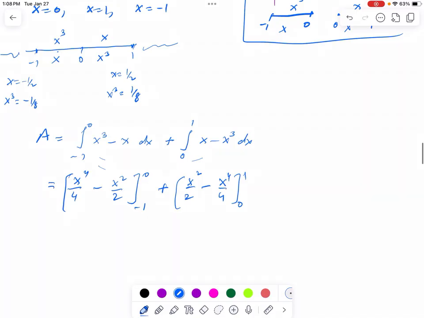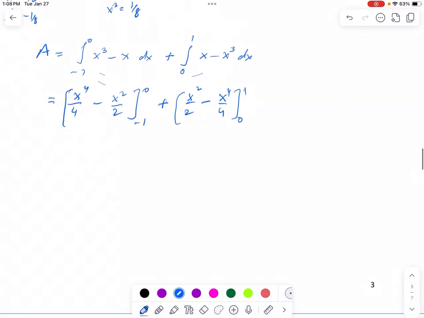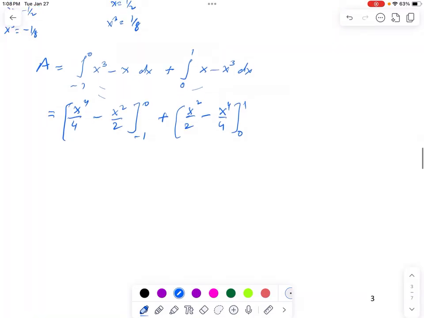Okay, so let's do this one. So we have 0 minus 0 minus. Now the lower one.